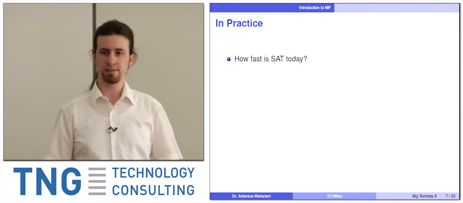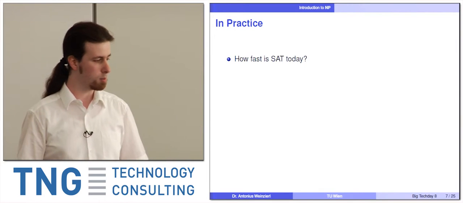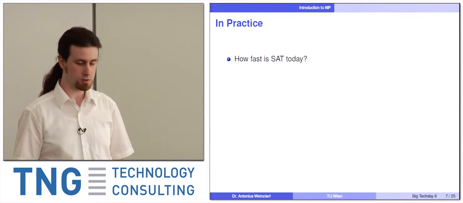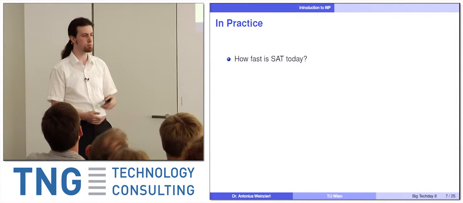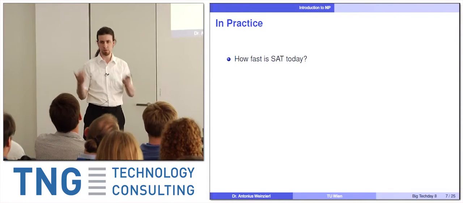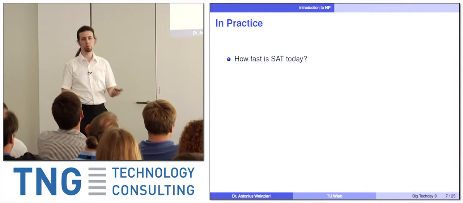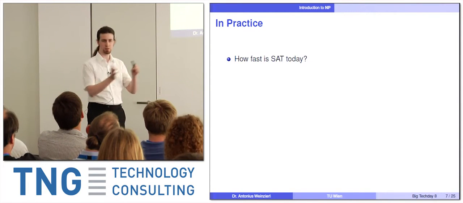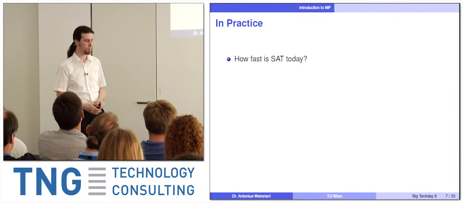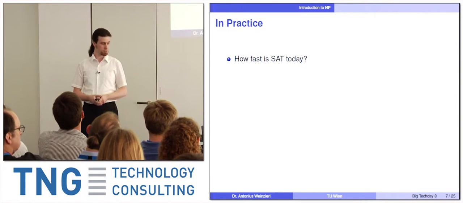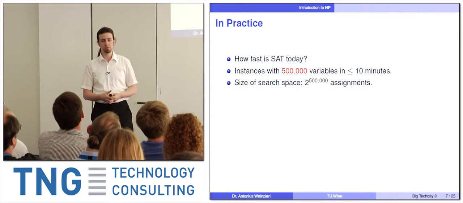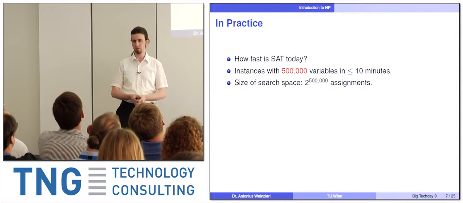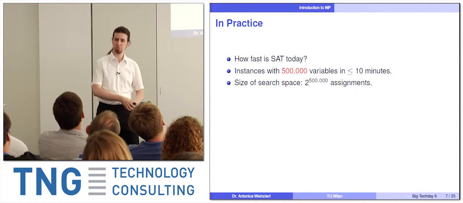If you look at the practical side, however, there are SAT solvers, which can answer the SAT problem for us. We give just a set of clauses, and after some time they tell us either yes, I found a satisfying assignment, and here it is, or no, there exists none. Today, those solvers are able to solve instances with up to 500,000 variables in less than 10 minutes.